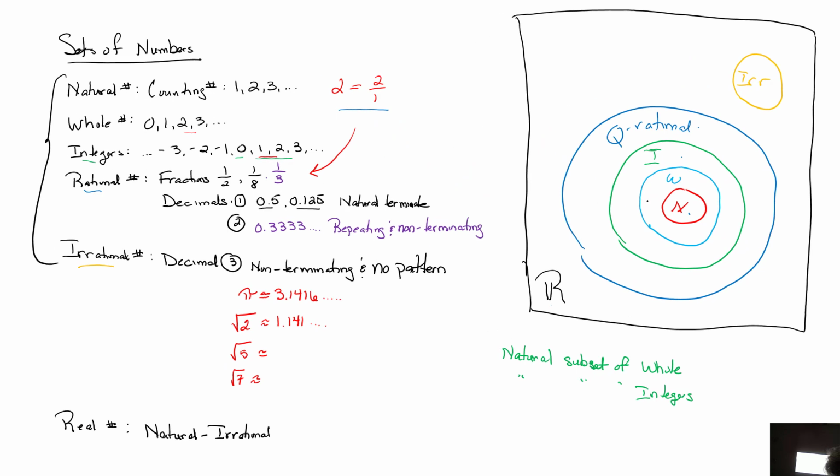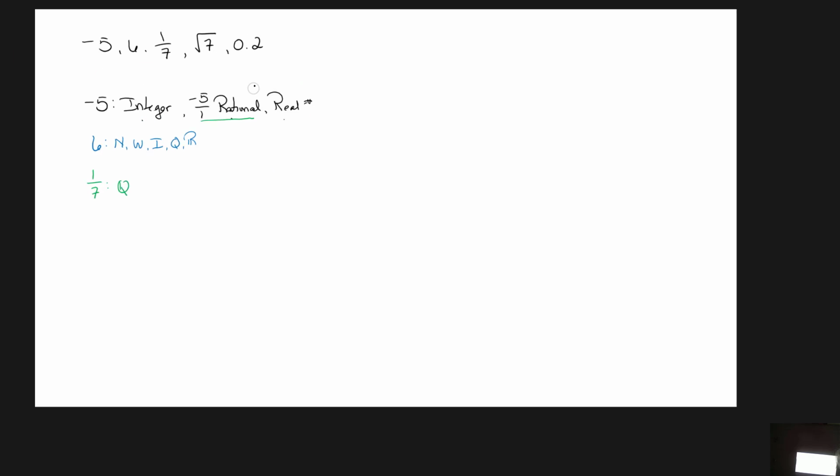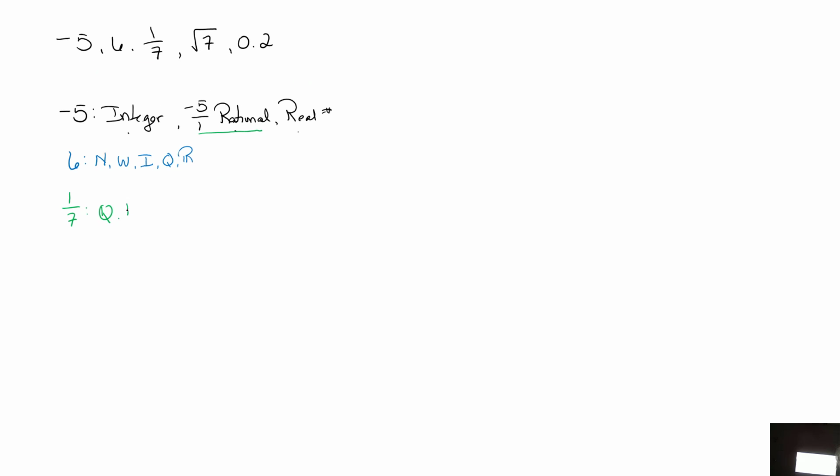And if I take a look again at my diagram over here, since it's a rational number, it's at the outer edge of this particular world, which means there's only one other group it can belong to, and that's the real numbers, this whole Milky Way system, so to speak, that universe. So it only belongs to two groups, the rationals and the reals.